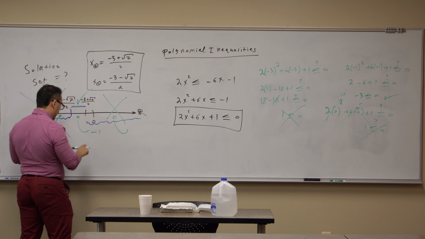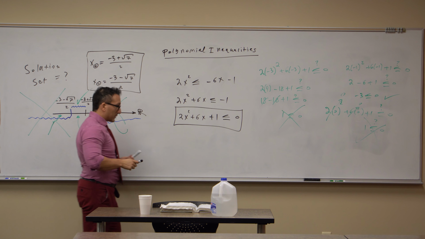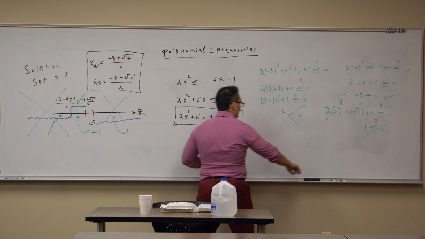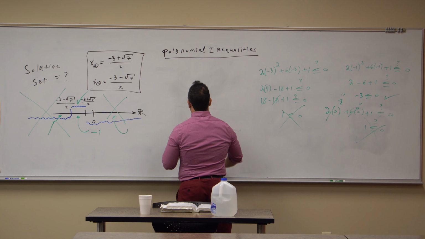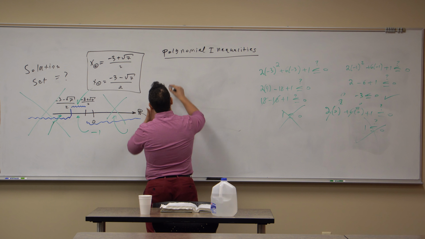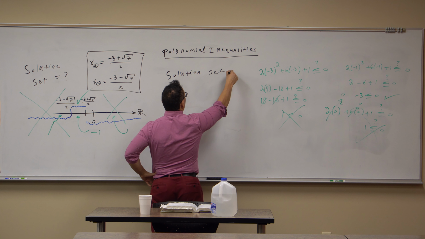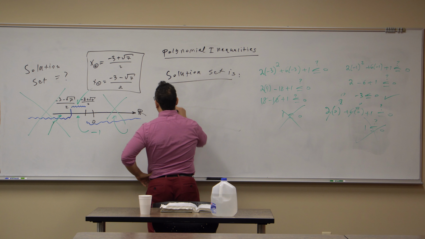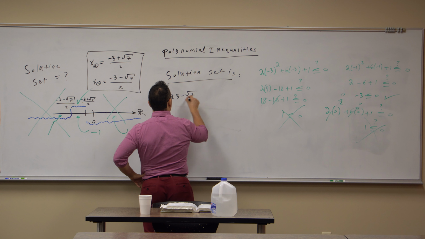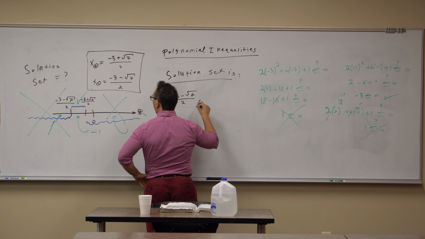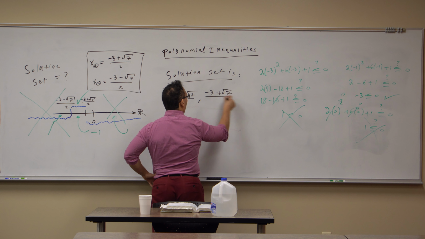So our solution set is negative 3 minus root 7 all the way to negative 3 plus root 7, all over 2.